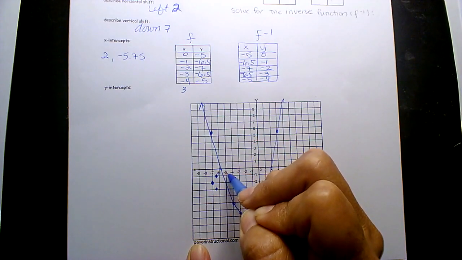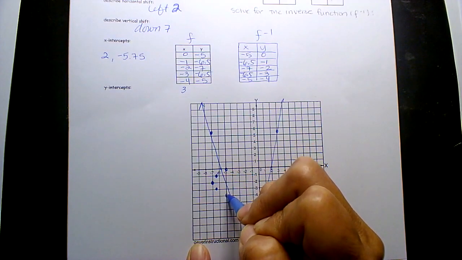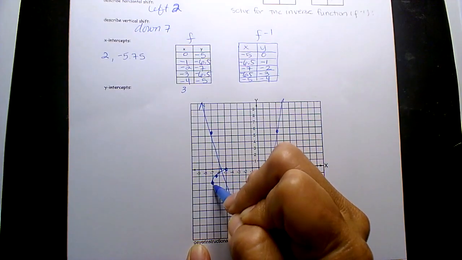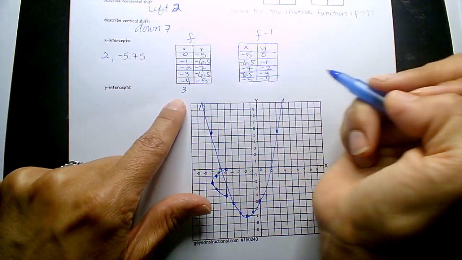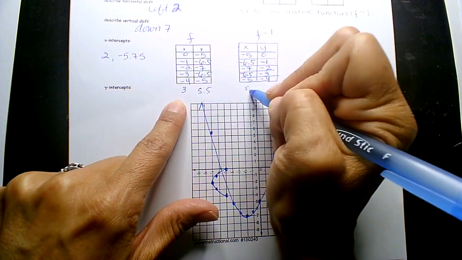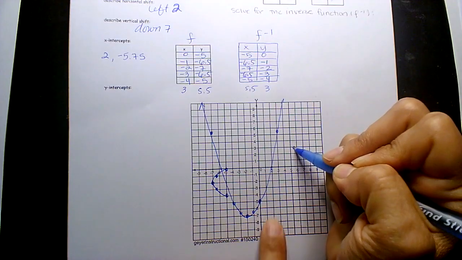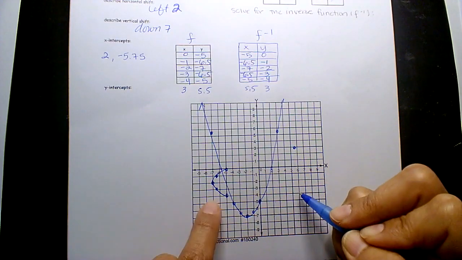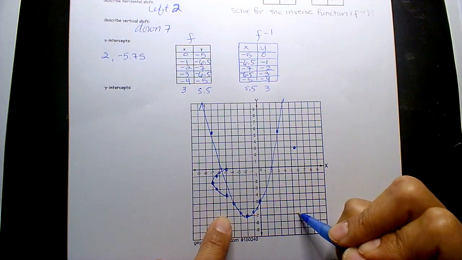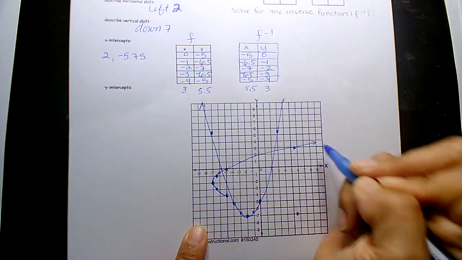And then what am I at? -5, 0. Okay, and so here's your parabola. And again, if I know I got 5.5, then I know it's 5.5, 3, 5.5. I don't know if it's very good.